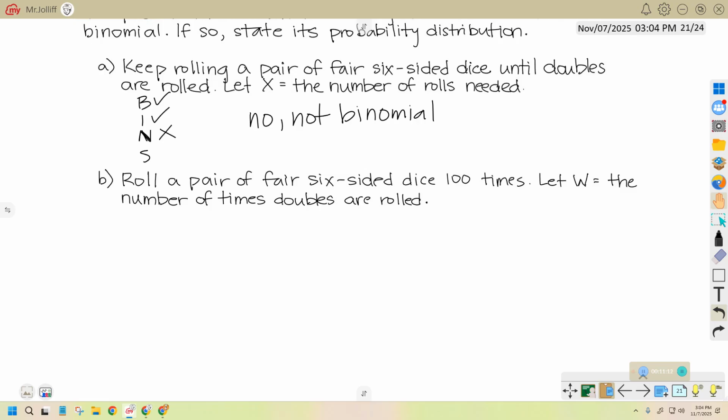What am I hoping happens when I roll my dice? Doubles. I'm looking for doubles. So all of my outcomes are either doubles or not doubles. So that's binary. We check the B. Go through the I, the N, the S.